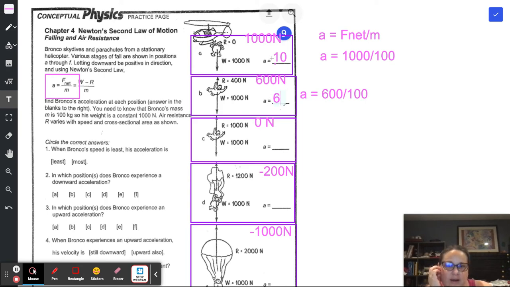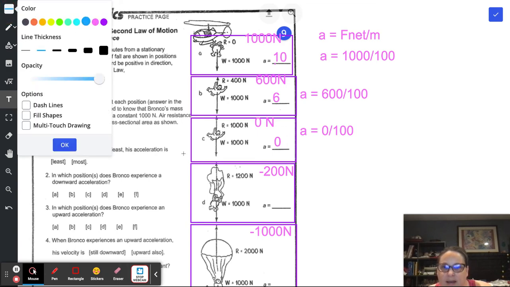So less than gravity now. In our next one, we have net force is 0. So we have a equals 0 divided by 100, which would be 0. So no acceleration.